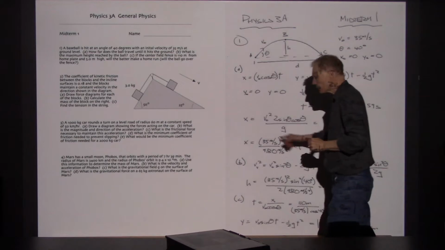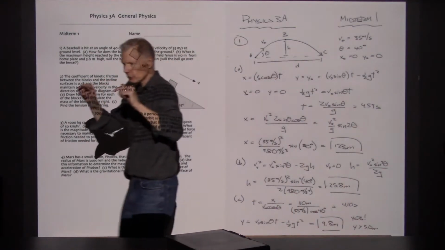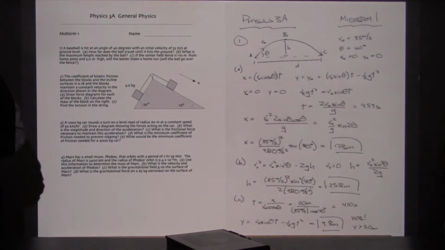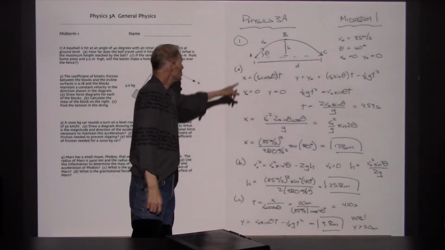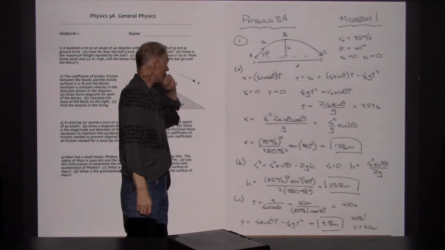Now remember, in the vertical direction we have constant acceleration, in the horizontal direction we have constant velocity. Don't get the acceleration problems mixed up. There is no acceleration taking place in the x direction. I cannot use formulas of acceleration to determine what's going on in the x, but I can in the y.